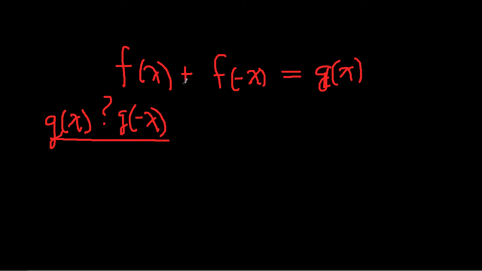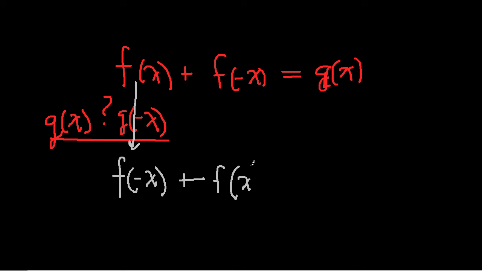Go back over here. g of x is equal to f of x plus f of negative x. Everywhere there's an x, let me replace it by negative x, so that f of x becomes f of negative x, plus f of negative of negative x, which becomes f of positive x.